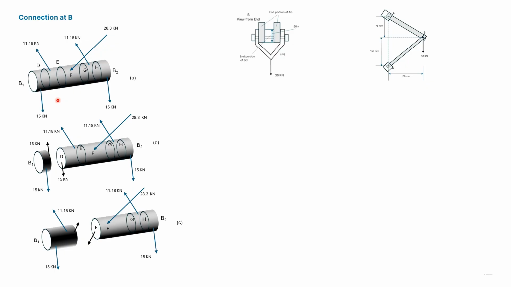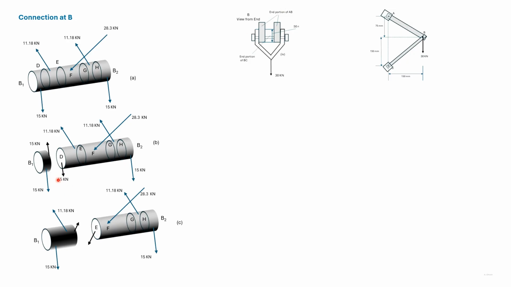Here we need to find the forces in section D between these two loads and section E between these two loads. We notice that the arrangement is symmetrical, so the shear force in section D will be the same as the shear force in section H, and the shear force in section E will be the same as the shear force in section G.